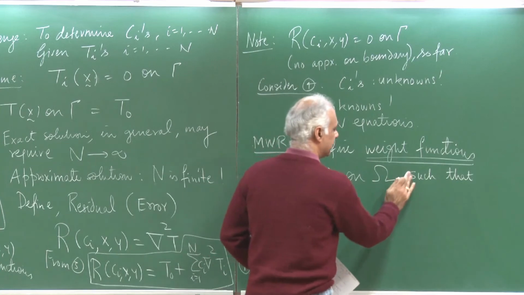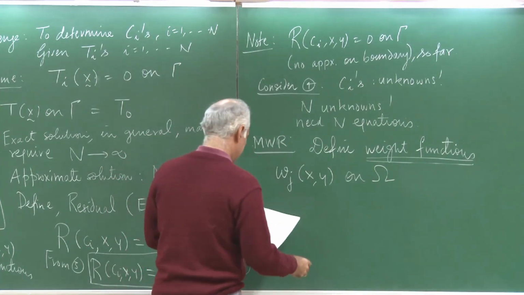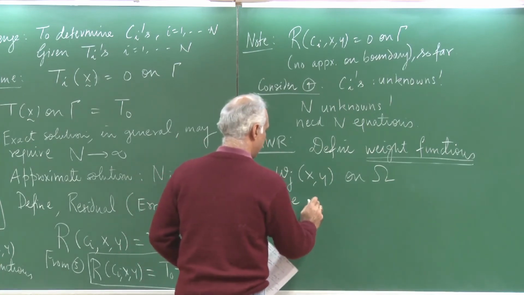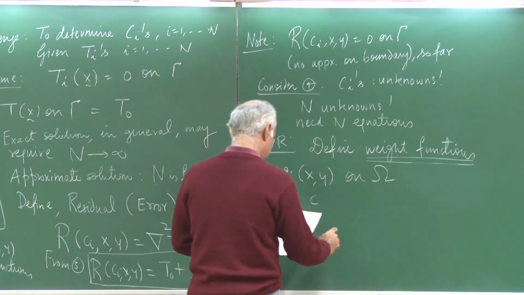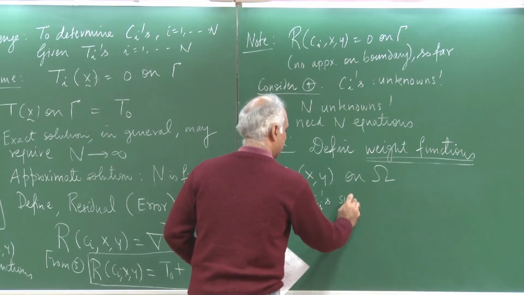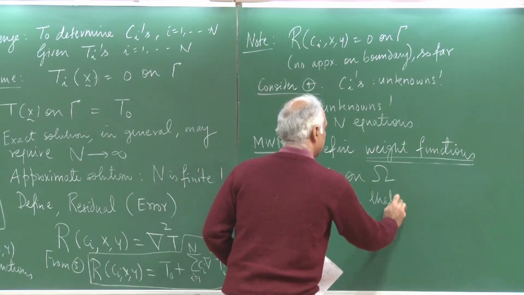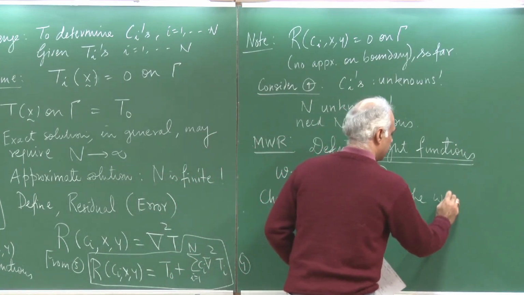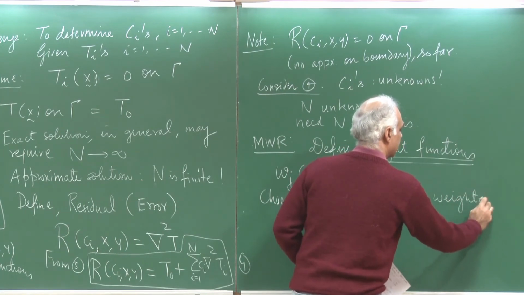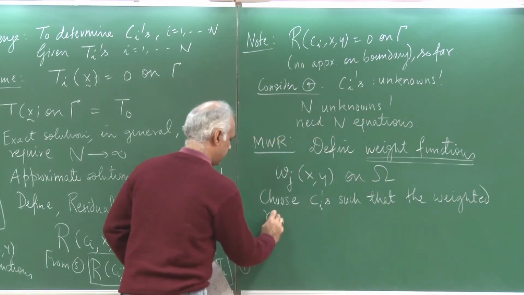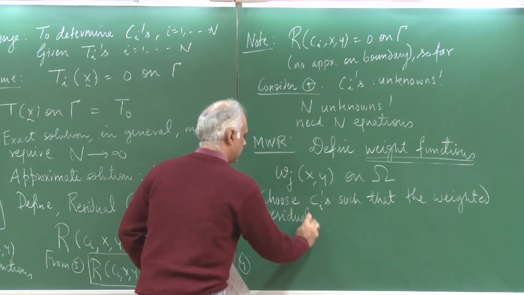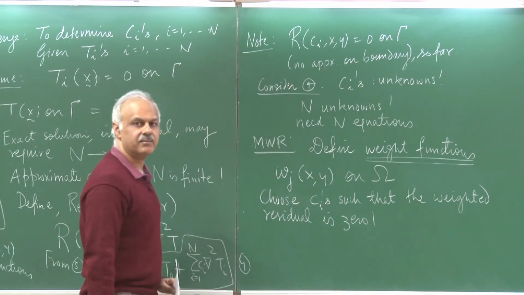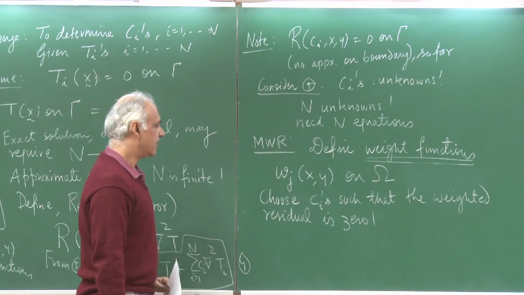So the method of weighted residual is that we choose Ci's such that the residual, or rather the weighted residual, is 0. So that is the method of weighted residual.